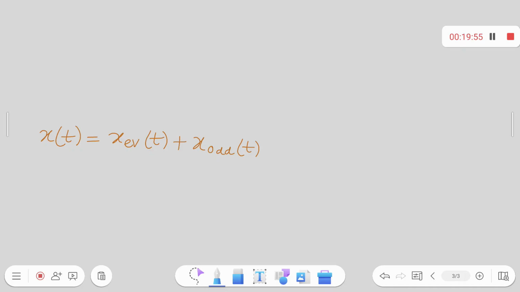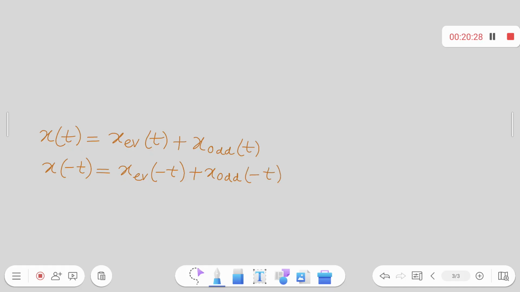So, had this been the case, how can I write x(-t)? x(t) is equal to x_even(t) plus x_odd(t). This is basically an identity, na? So what would x(-t) be?